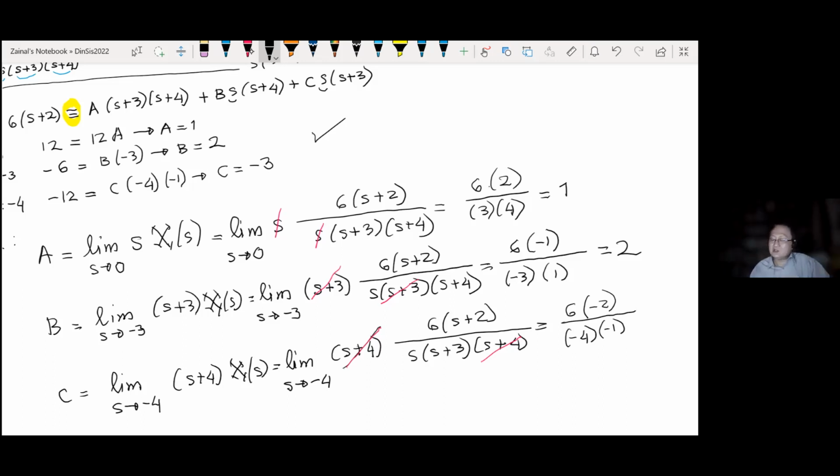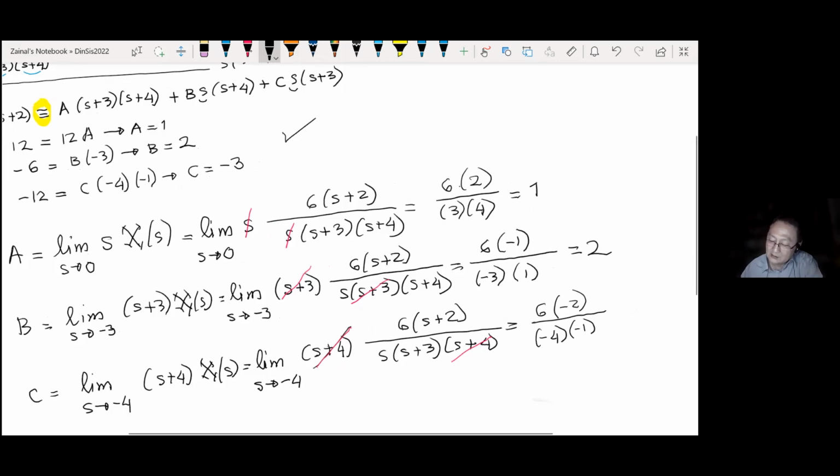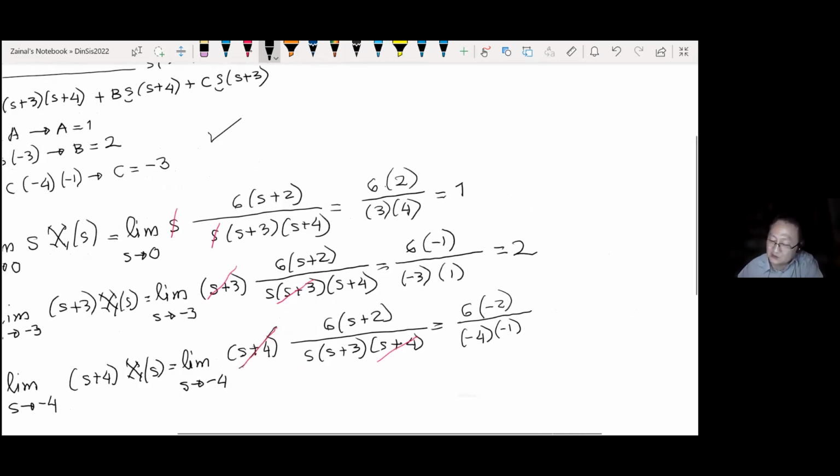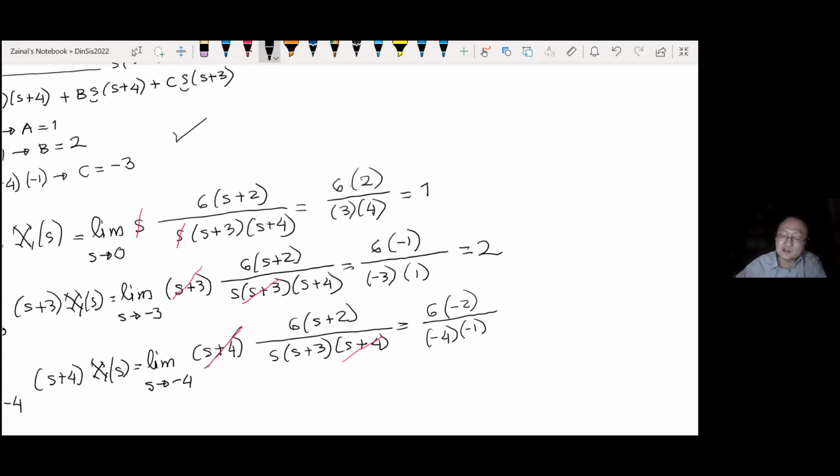So this becomes 12 divided by, this one is 12, right? 12 divided by minus 4 is minus 3. So this is the same as the previous one.